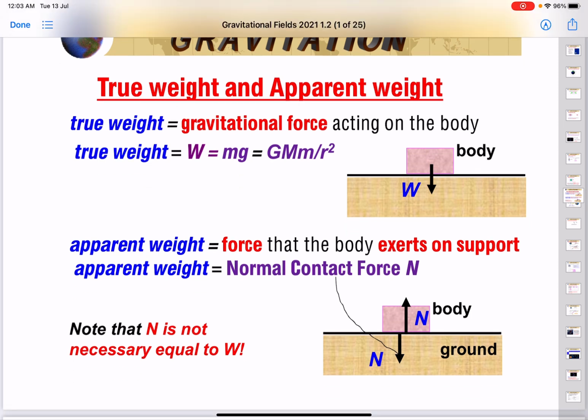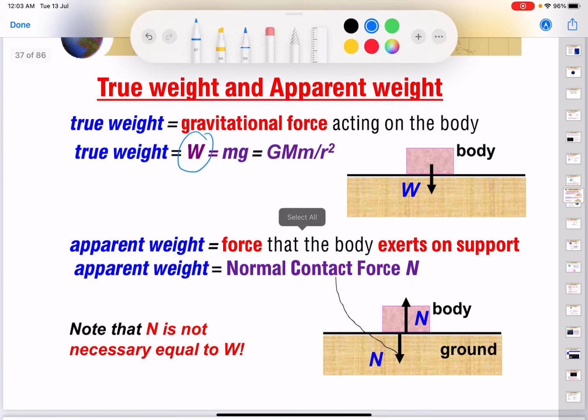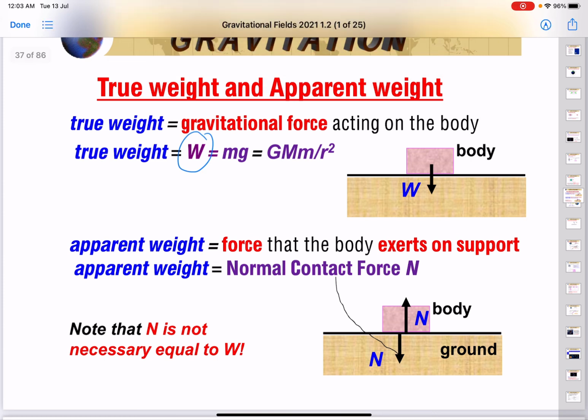If you have a body that's resting on a surface, the true weight is always given by W, which is actually the gravitational attraction on the mass. The apparent weight, which is what the body feels, is actually the normal contact force that is exerted on the body by the support.